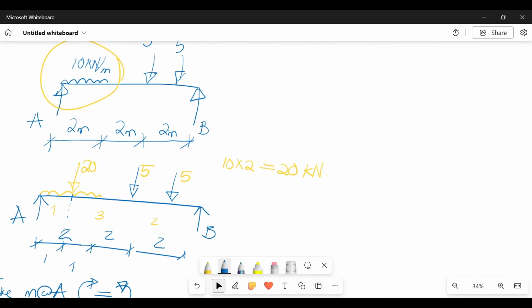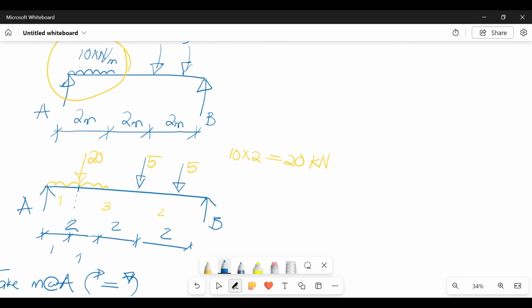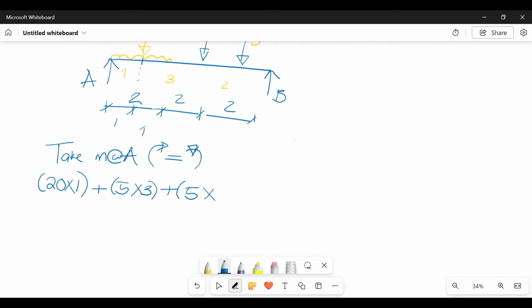Wait, yes, it is times 4 because there's 2 between that 5 and the support. I hope I'm not confusing myself and you. I think my brain's getting tired. Minus RB times the total distance, which is 6.